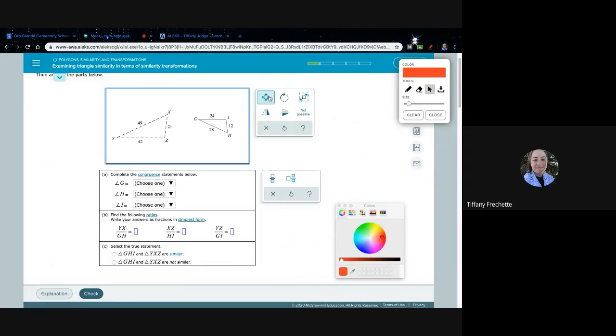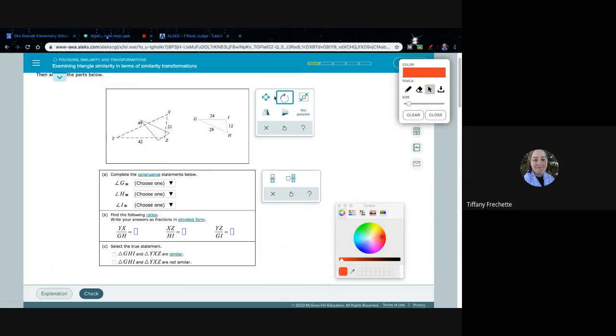Okay. So we're going to take this triangle here, and we are going to spin it around. Okay, so I'm taking G, and I'm spinning G all the way around here. It also looks like I want to flip it now. So G is actually, okay, so I'm going to kind of keep it this way.